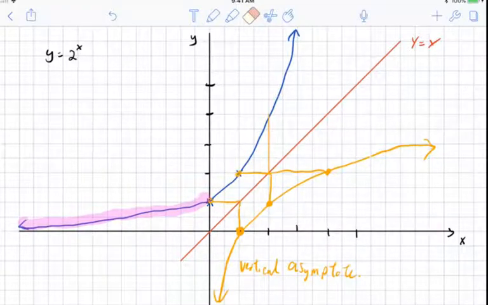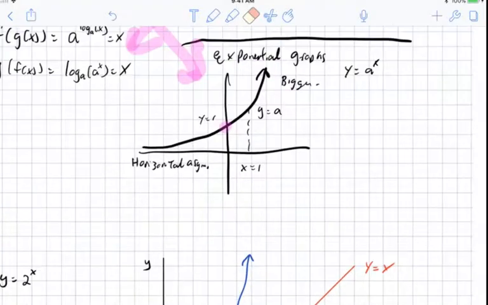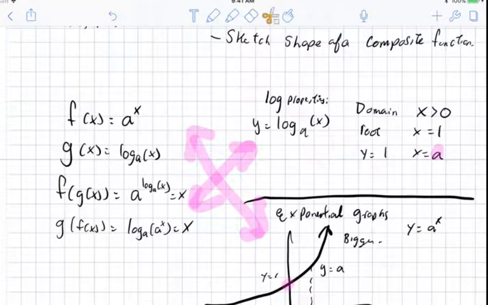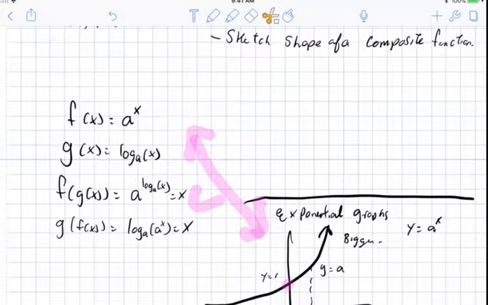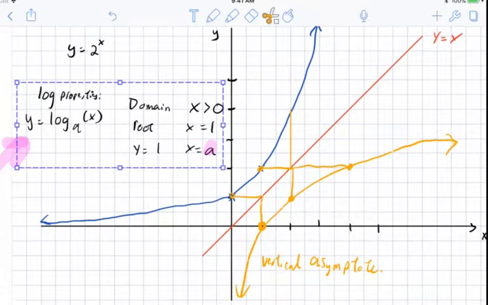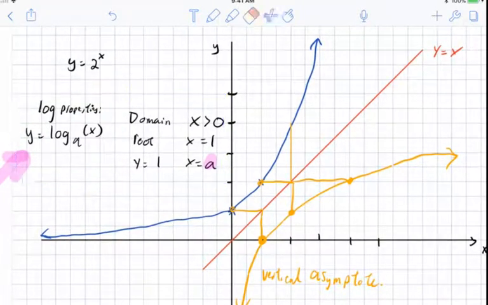Just like we said, all of the properties of logarithms can be explained with this graph. Well, not all the properties, but these particular properties of logarithms can be explained with this graph. So first thing to talk about, well, let's take it easy. Root. Why are the roots of all logarithms at x equals 1?